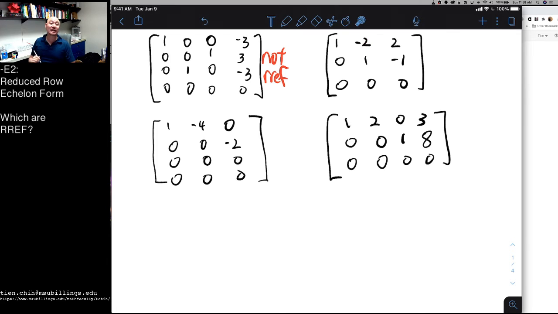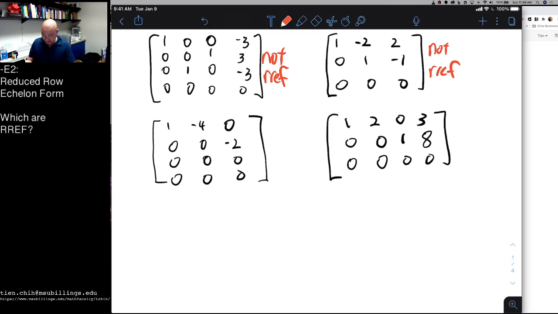And because of this non-zero entry above it, it is not in reduced row echelon form. So this is also not in reduced row echelon form. It could be in reduced row echelon form if I took 2 times the second row and added it to the first, thus making that 0 as well, but it is not complete as it stands.